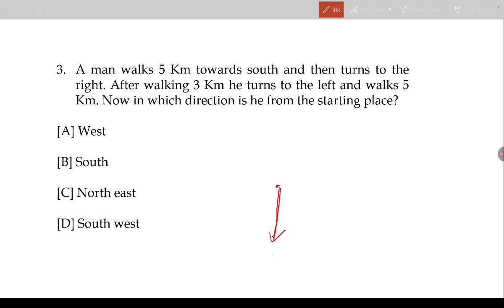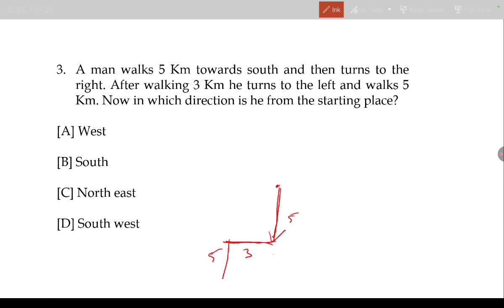Whenever someone is facing south and you are thinking about what's left or right, you can imagine yourself facing south, or you can imagine yourself facing north, but then if he's turning to the right side, your left will be the right. After walking 3 kilometer here, he turned to the left side, and walks 5 kilometer.